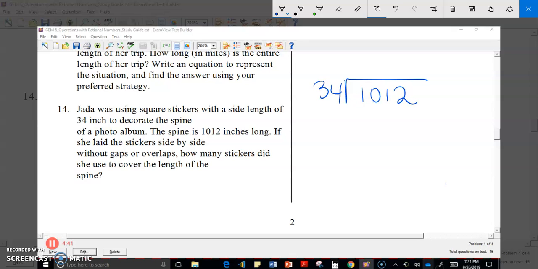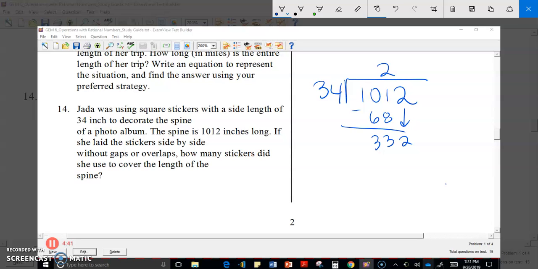34 goes into 101 about 2 times. 3 times would be too many. 34 times 2 is going to give us a product of 68. 101 minus 68 is 33. Bring down that 2. I'm going to say 34 times 9.